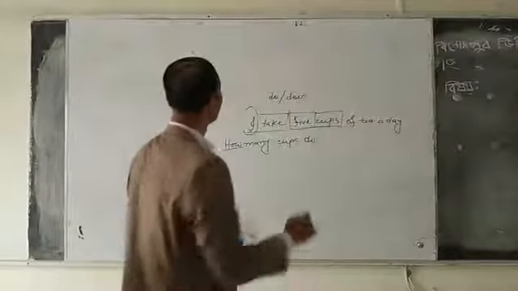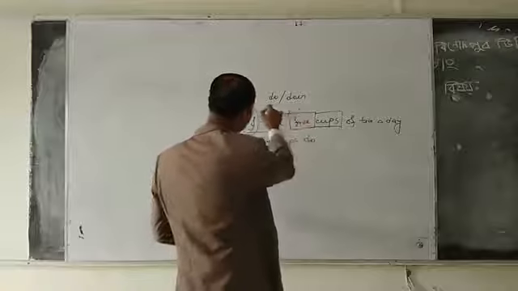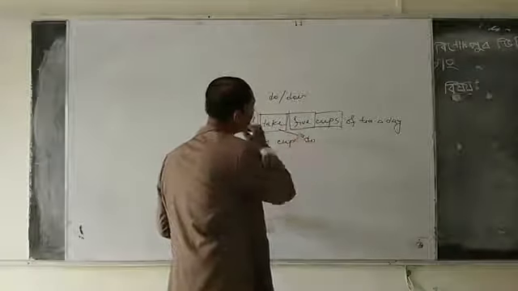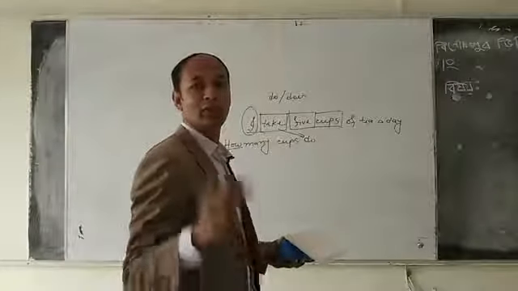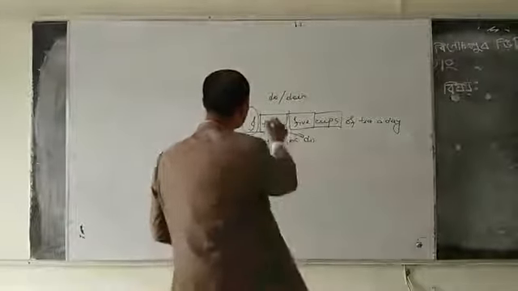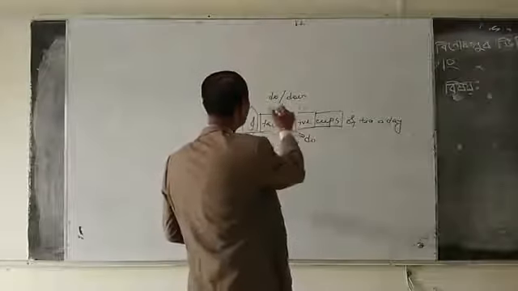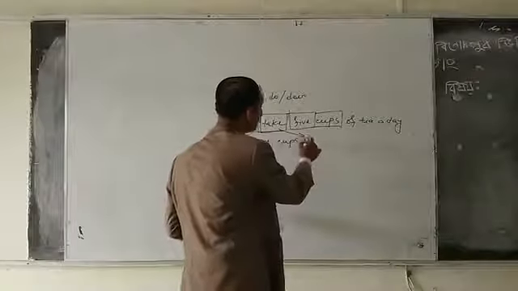Do. On the basis of the main verb, we have to use an auxiliary verb. As the main verb is in present form, we have to use do or does.